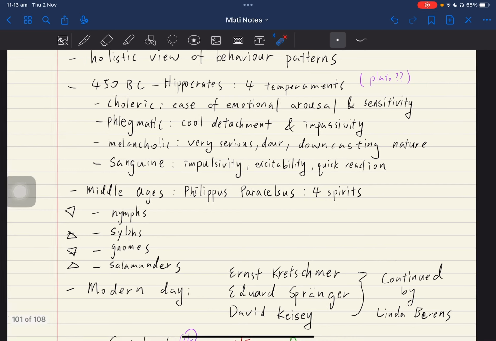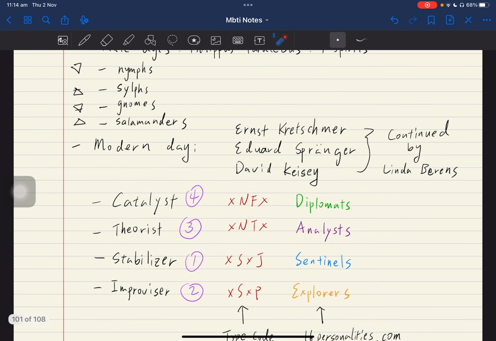In modern day, through the contribution of German psychologists and Linda Berens from the 4 interaction styles, she also continued the work, and these are the 4 temperaments that have been identified: catalyst, theorist, stabilizer, improviser.